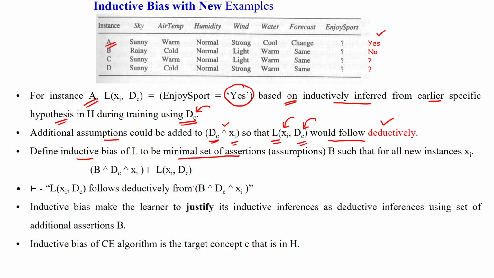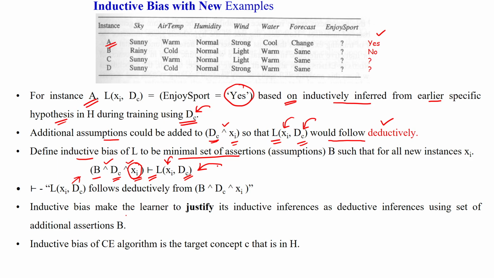So it can be represented as B logically and with the gained knowledge and the newly incoming test sample, which follows deductively from this learning system, which identifies the class for the newly incoming testing sample, learned from the data set D. So it is already using the existing knowledge of the learning system to try to identify the class of the newly testing sample.